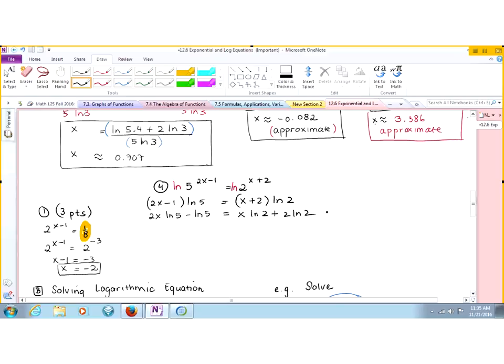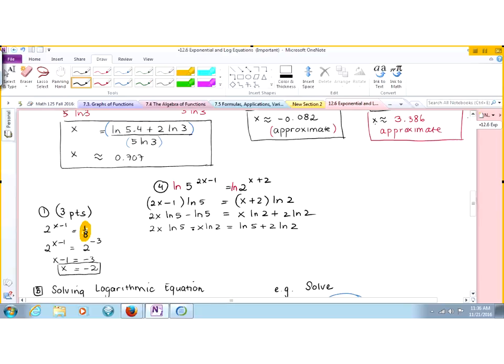Are we okay so far? Okay. Now I'm solving for what? X. How many x's do I have? So I have to bring them together, don't I? So put them on the left. So 2x ln 5 minus x ln 2 is equal to ln 5 plus 2 ln 2.